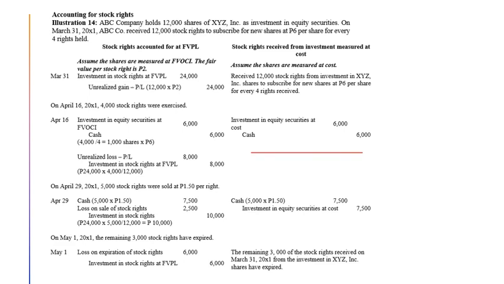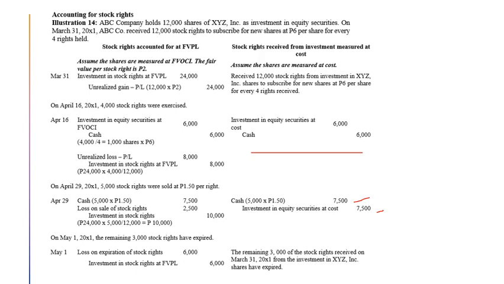Okay? Next, on April 29, mag-debit ng cash, 7,500, and just credit investment in equity securities at cost. Okay? So, yun lang yung magiging entry niya. And then, yung expiration niya, just record the memo entry.